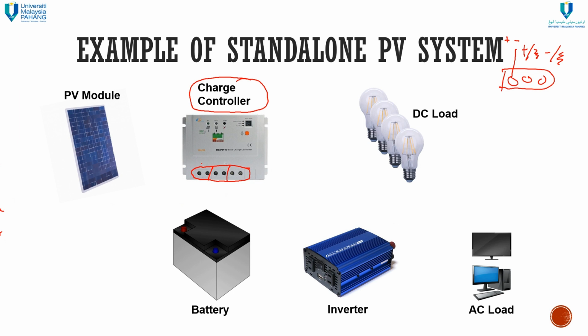They are written in detail usually. This is for the PV. This is for the battery. And this is for the DC load, for the load. Okay, this is default setting. Okay, the connection is very super simple. Okay, you have the plus here and you connect to this plus.